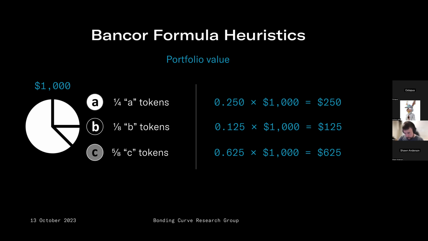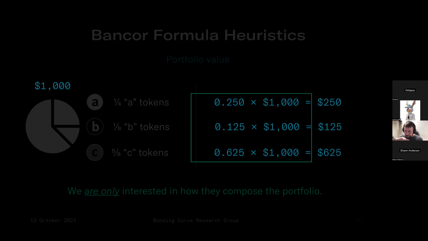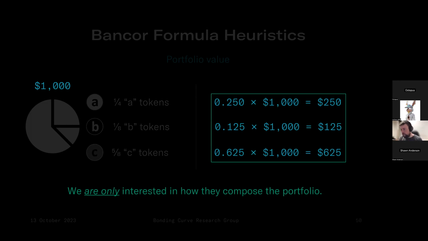So to harp on that message, for the benefit of repetition, we are not really interested in how many tokens there are. This is the mistake, I think, that people make the first time they come to analyze AMMs and bonding curves. We're much more interested in how they compose the portfolio.